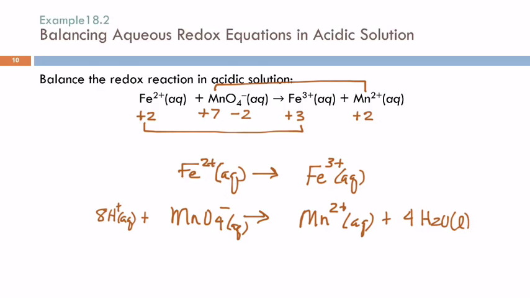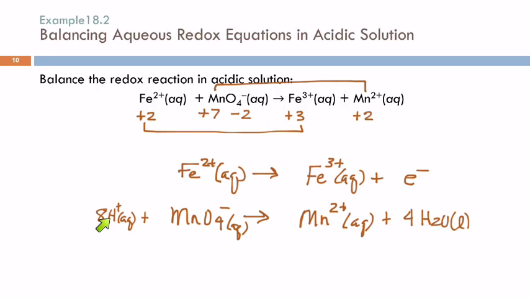So we've got mass balance, we need to balance charge. We've got +2 and +3. So that tells me I need 1 electron on the right side. So I get +2 on both sides, right? We're not going for 0 necessarily, we're just going for equal. And then down here, now we've got a bunch more charges, we have to be careful. So here there's 8 positives and a negative.